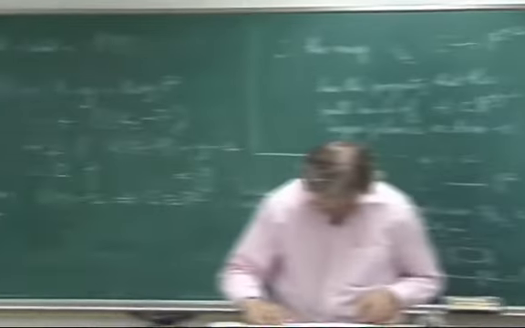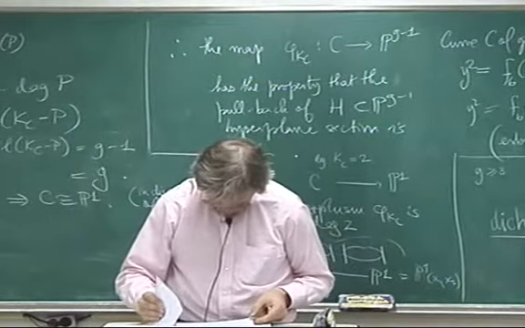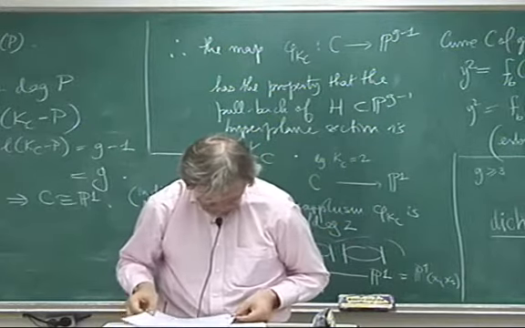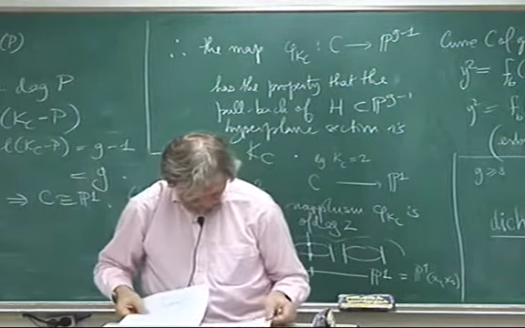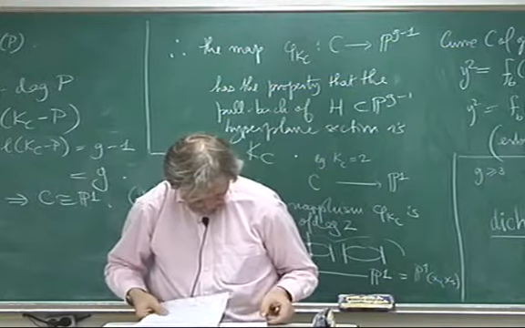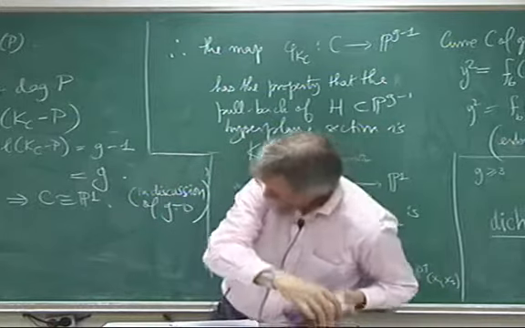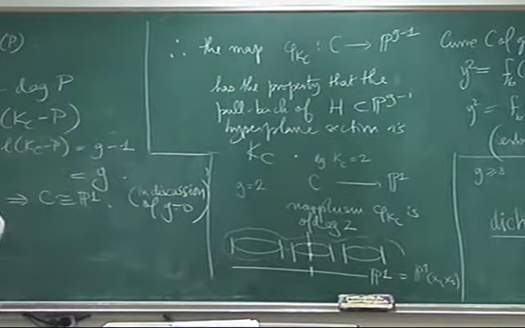Let me now talk about the proof of Riemann-Roch, which I have not completely completed, and there are several reasons for that. But let me talk about the material surrounding the proof.